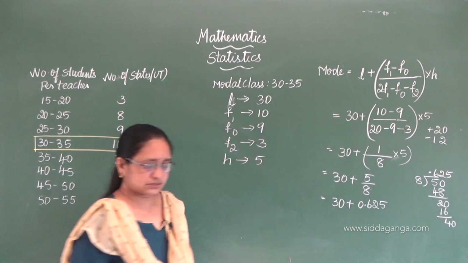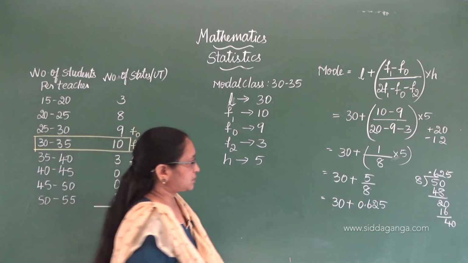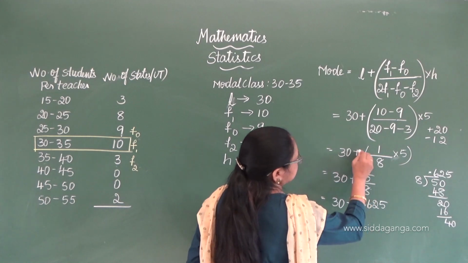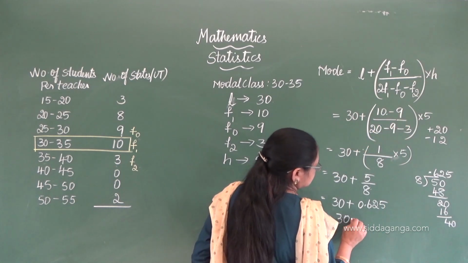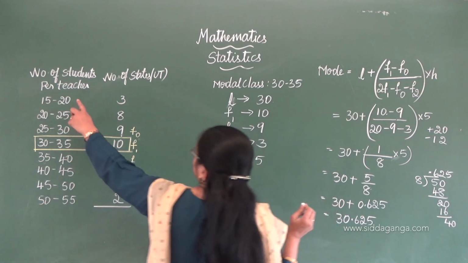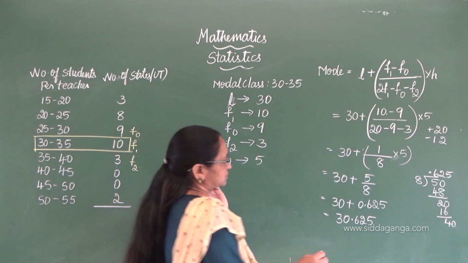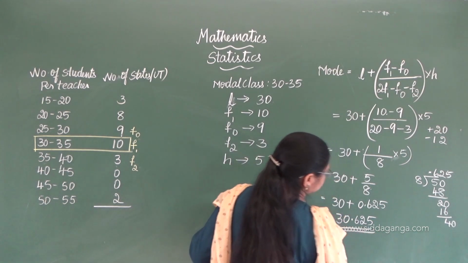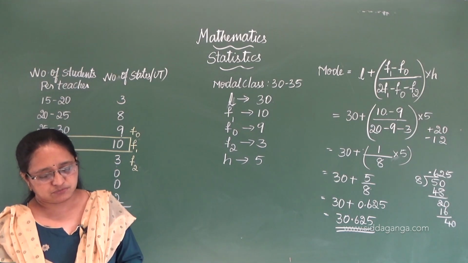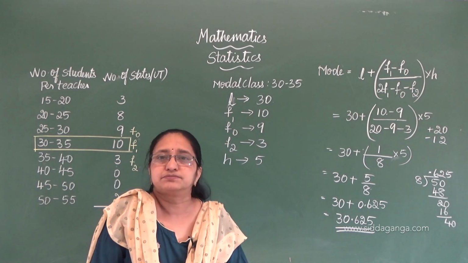So 30 plus 0.625, that is 30.625. What is this? The ratio, the number of students per teacher. So this is the ratio, 30.625. Hence the mode of the given data will be 30.6.